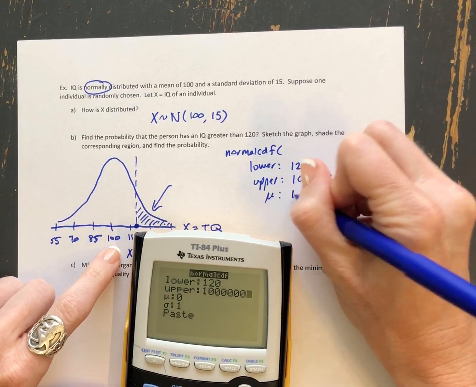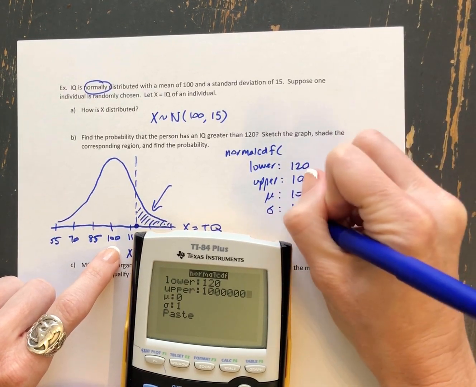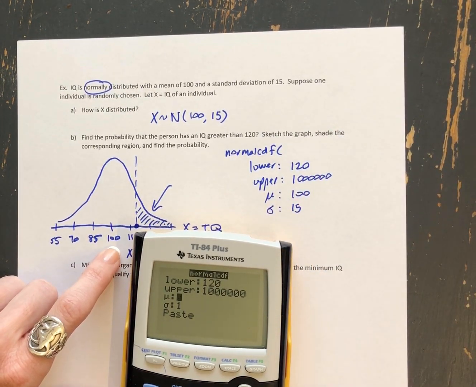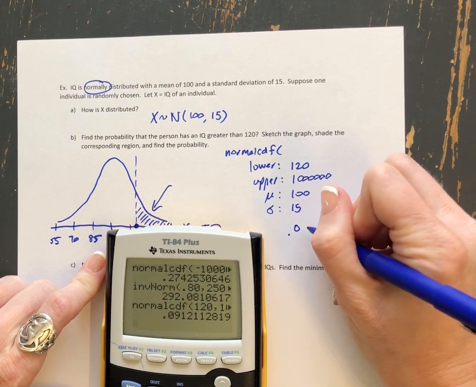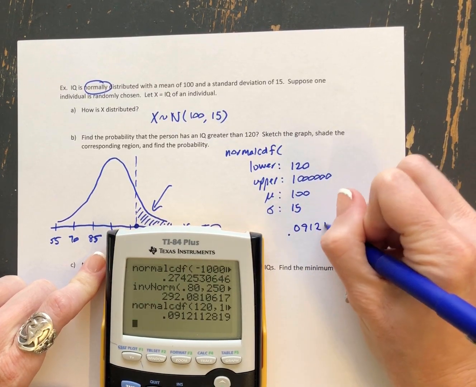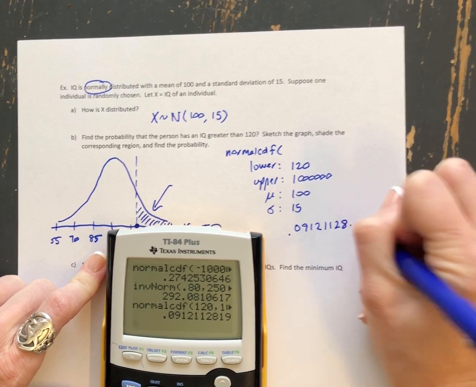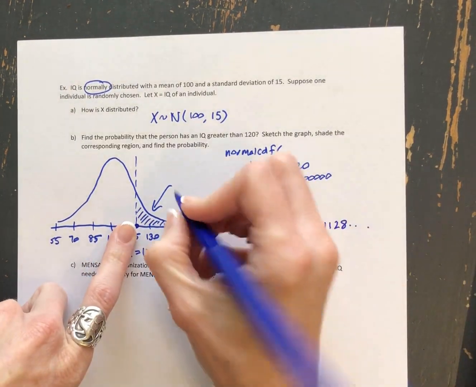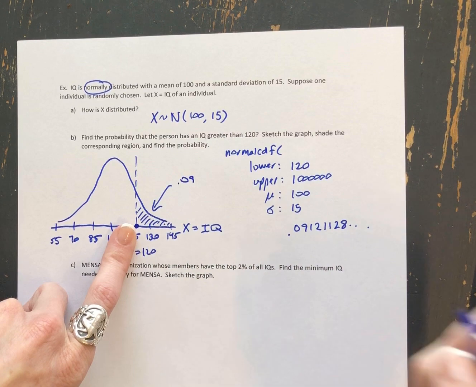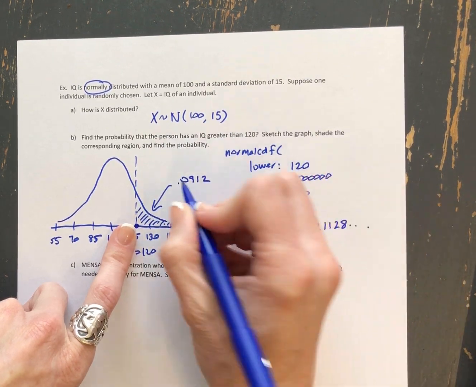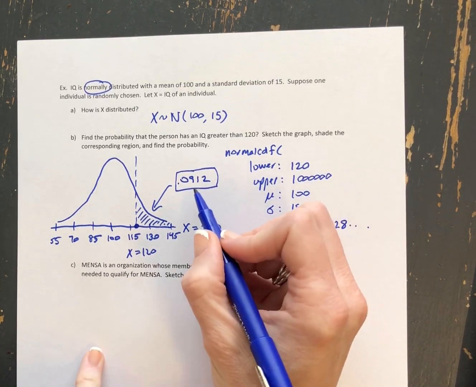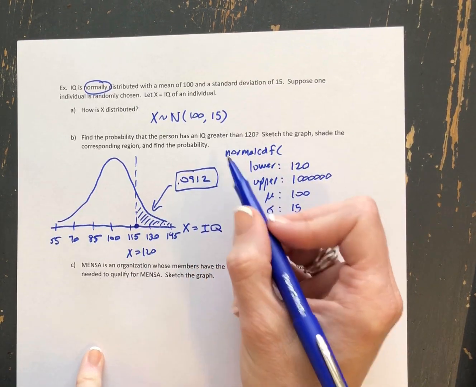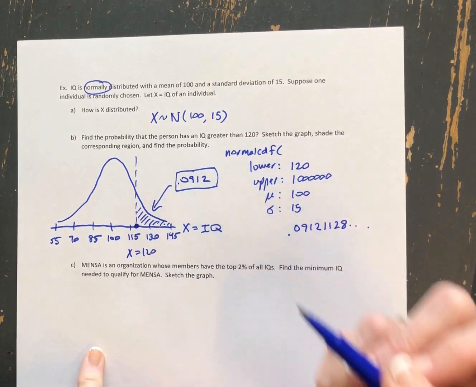Our mean is 100. Our standard deviation is 15. And we get there 0.09121128, etc. So to 4 decimal places, that's 0.0912. So what we're saying is about 9.12% of the population is going to have an IQ greater than 120.